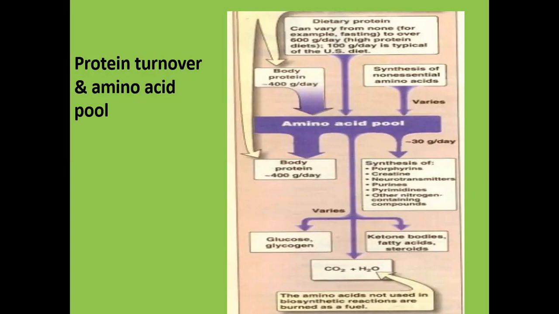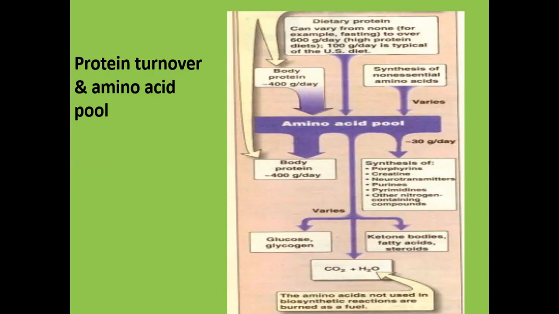Even proteins which are normal, when they are first synthesized, may undergo oxidative damage or may be altered in other ways. These proteins which are degraded must be removed before they accumulate, before they aggregate.